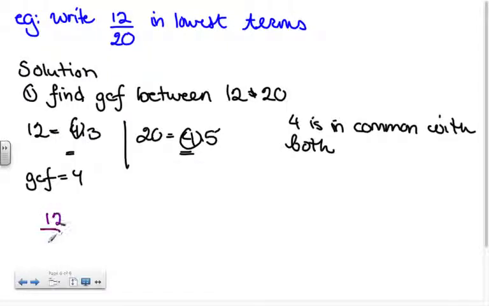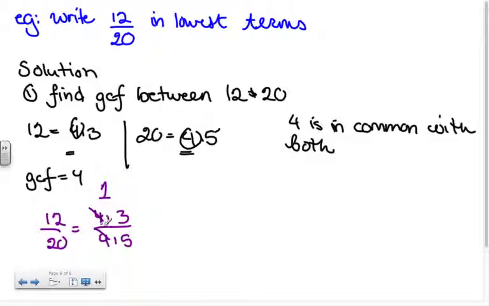So to rewrite it, 12 divided by 20 is going to equal 4 times 3 over 4 times 5. The 4's cancel. Now, be very careful. They do disappear, but they become 1. That's a very important distinction.